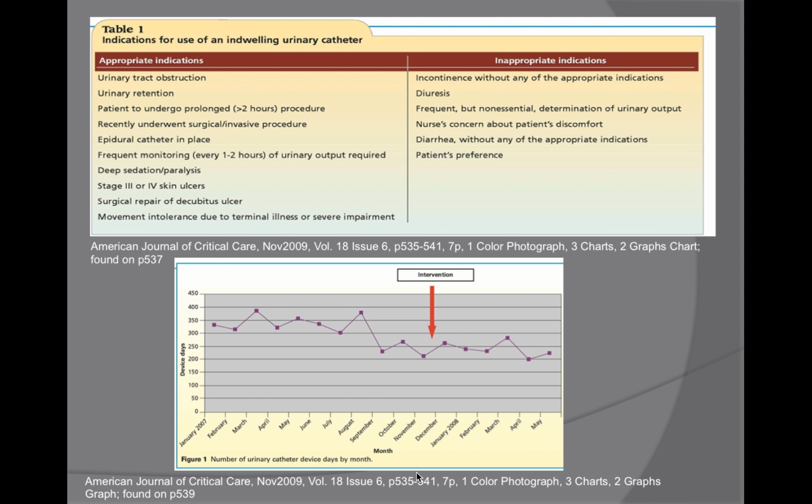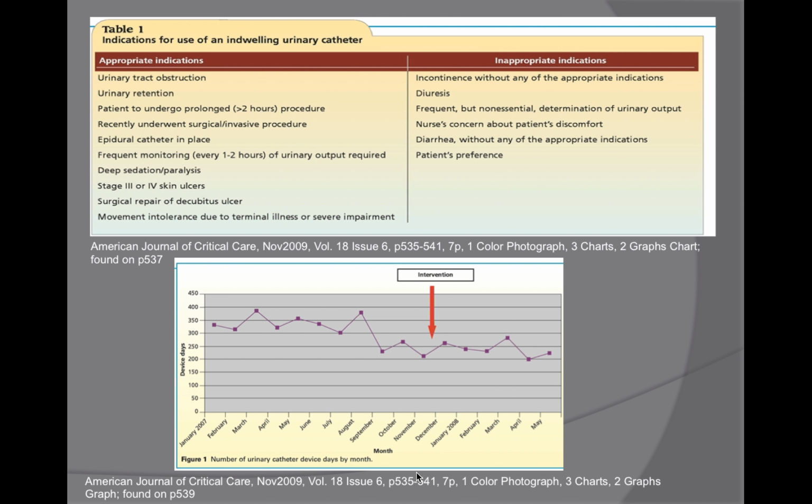Frequent monitoring of urinary output required, so that could probably be a client who's in ICU and needs strict I&Os. Surgical repair of decubitus ulcers, and movement intolerance due to terminal illness or severe impairment, which could probably include patients on hospice or palliative care. So those are the appropriate indications.